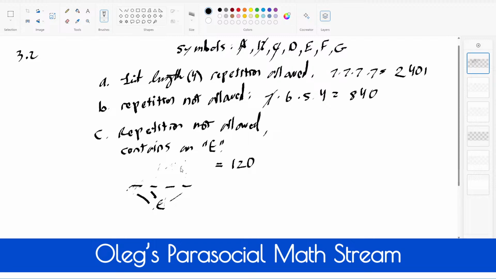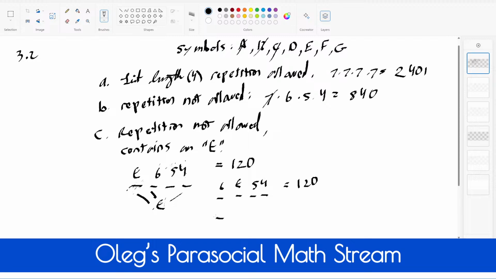However, as shown before, there's also E in the second. So what we have is E here, which equals 120, and then 6, E, 5, 4, which equals 120.